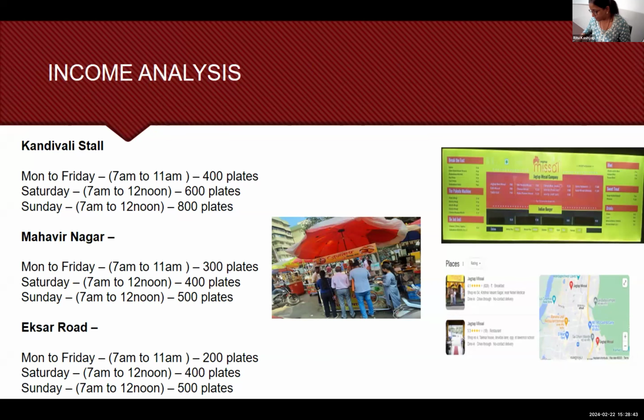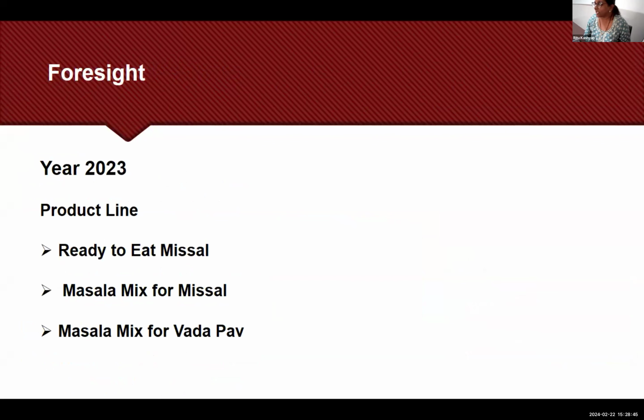Now, when we talk about foresightedness, Jagtap was very keen on making misal, a staple food of Mumbai, a well-known and well-recognized meal for many.